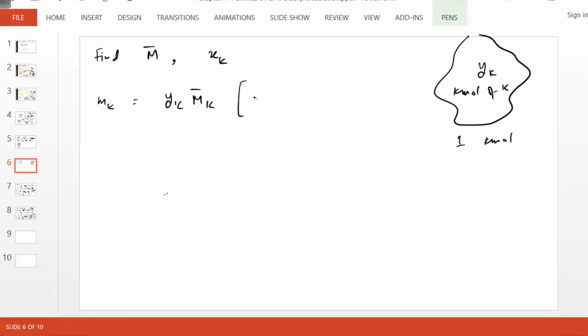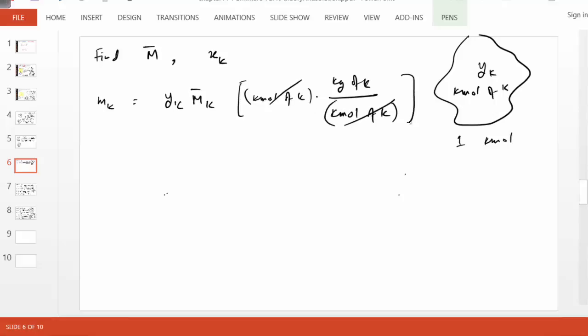So in this 1 kilomole of mixture, we have yk so many kilomole of k times the molar mass, with a unit of kg of k per kilomole of k, and that's how we get kg of component k, mk. So the total mass of the mixture becomes the summation of mk, which is the summation of yk times m bar k, so many kg.